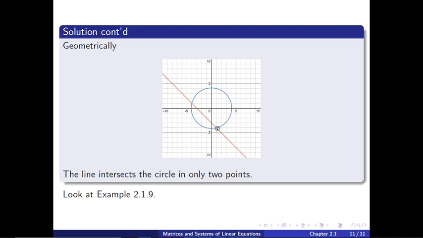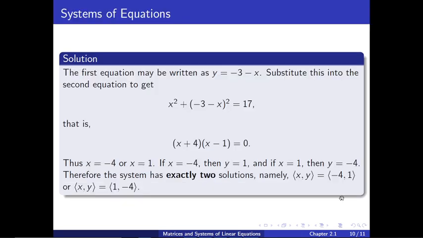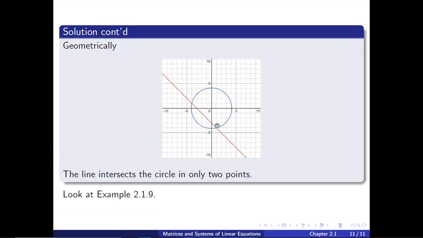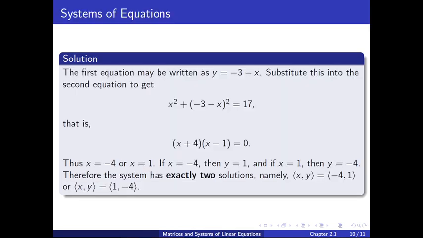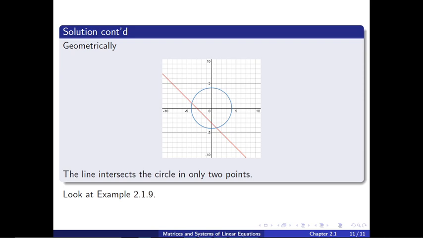And these are the points that we found to be (minus 4, 1) and (1, minus 4). So that one is (1, minus 4), and that one is (minus 4, 1). And these are the points of intersection, so therefore these are the solutions to the system of equations. So the geometric sense agrees with our algebraic calculations.